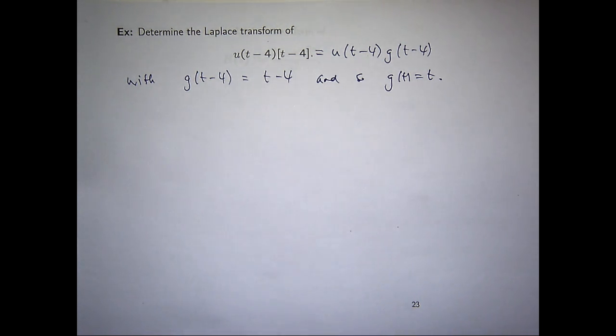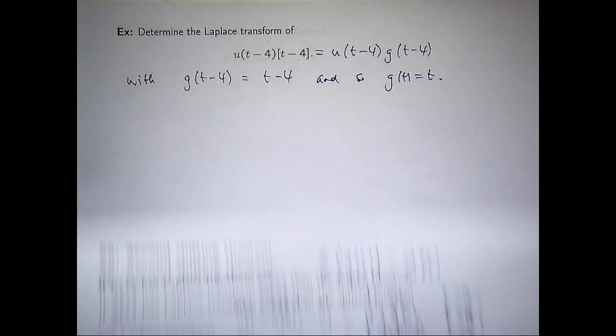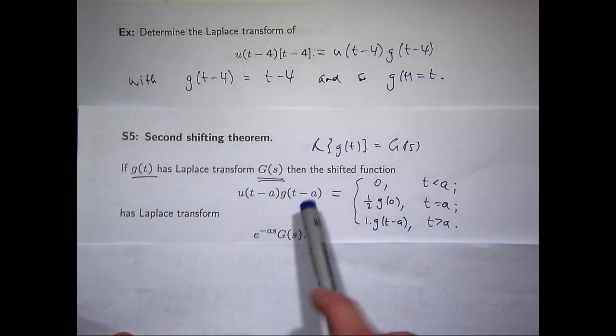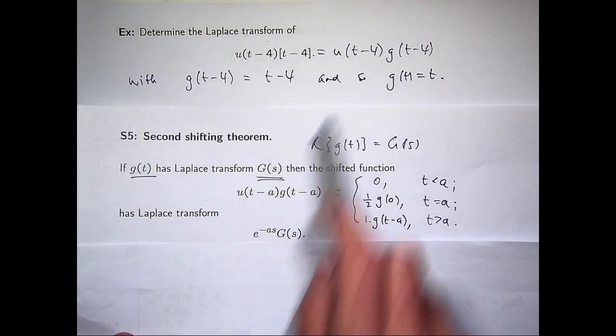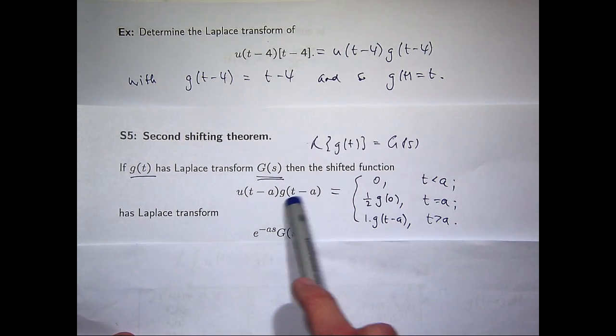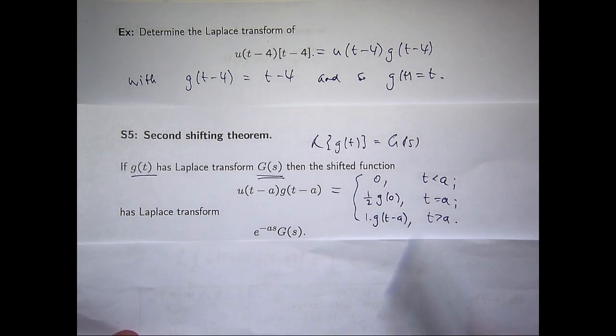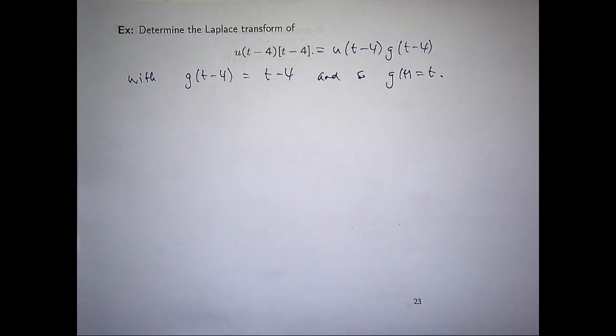Well, we want some sort of form like this. Well, a would be 4 in this case, and g of t minus 4 is just t minus 4. So I construct g of t.